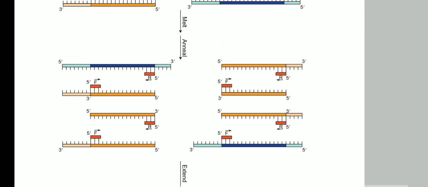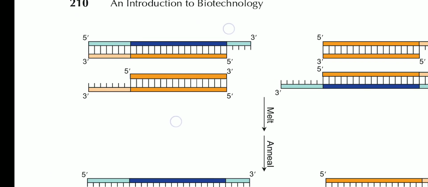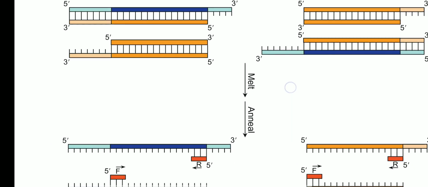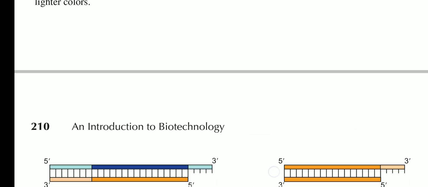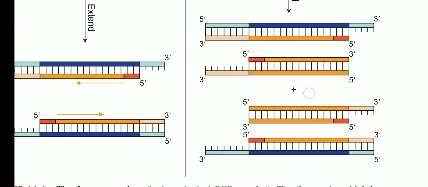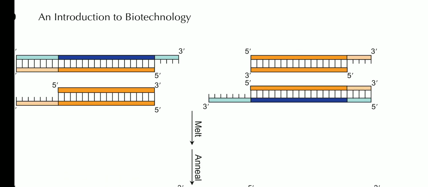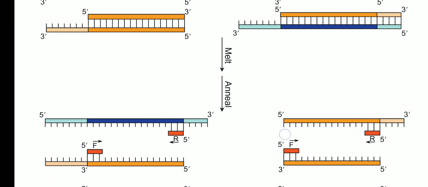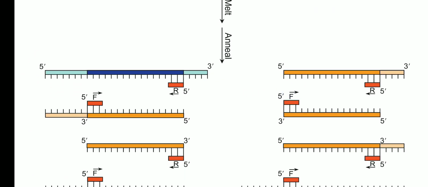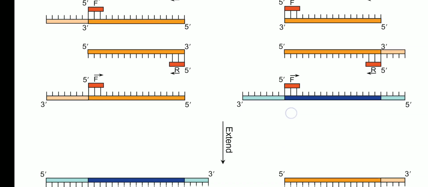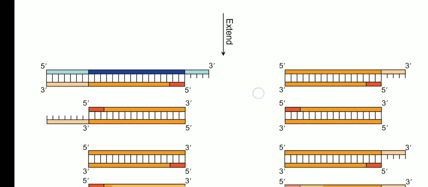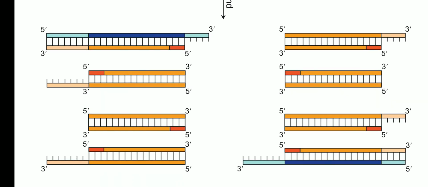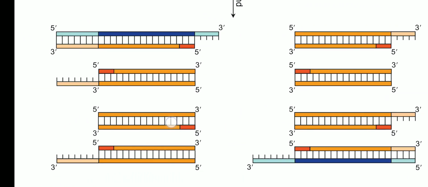In the third cycle, we'll have this kind of structure. I'm just telling, so these four segments, what we get here, we have just separated into these two. Now melting, annealing. So this will look like some kind of this structure, and then after extending, it will look like this. So this is this and this one.